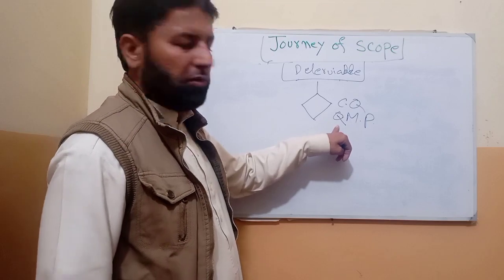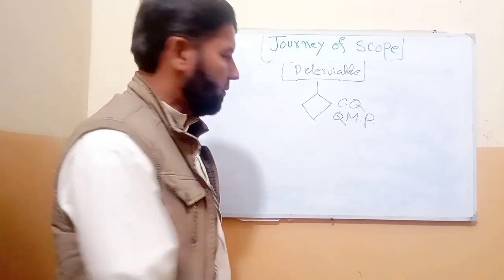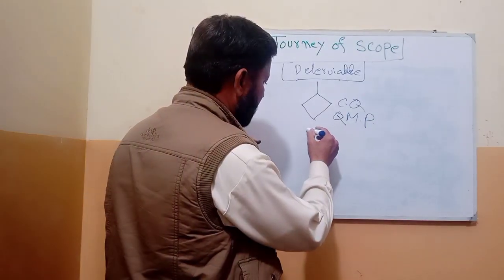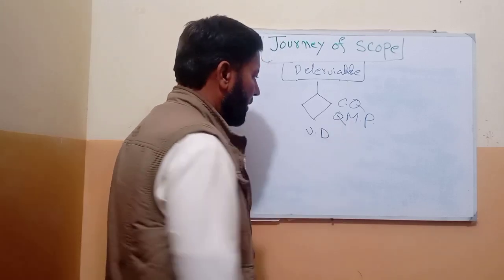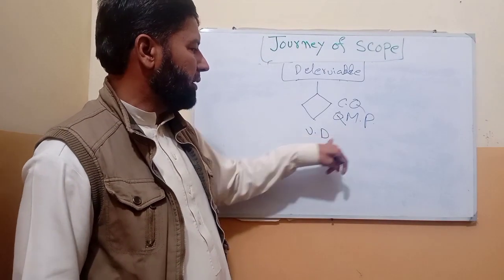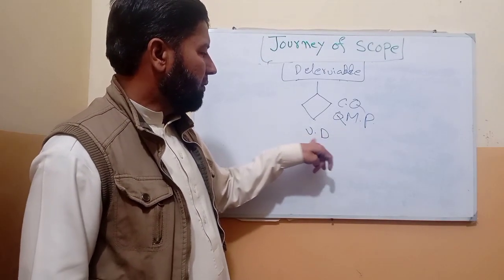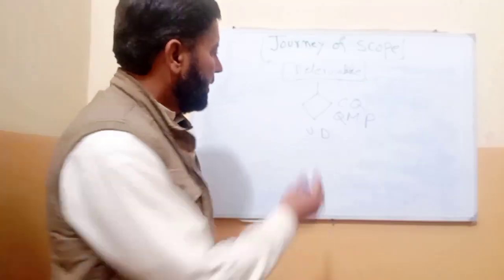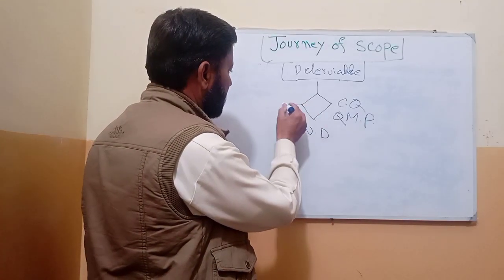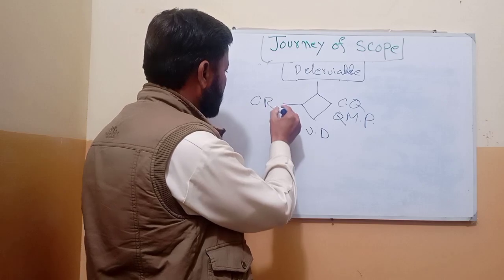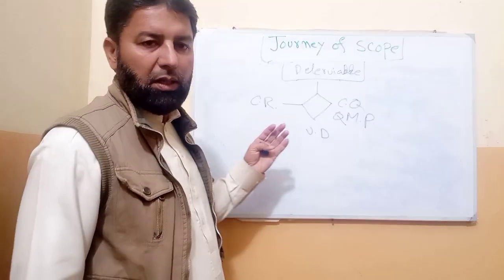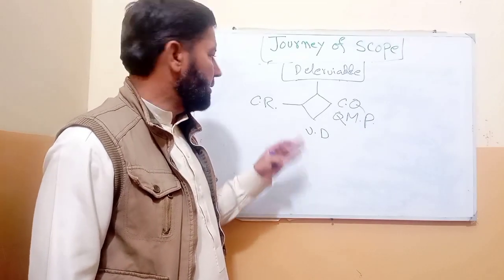If they say it is okay, we get a verified deliverable. If the quality team rejects it, then we raise a change request, and there is preventive action, corrective action, and defect repair.